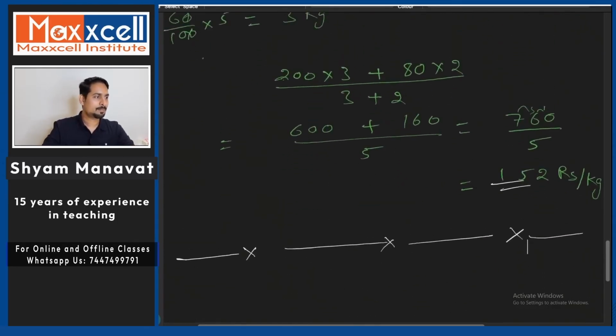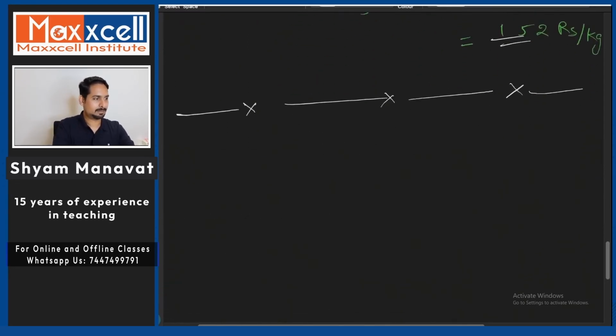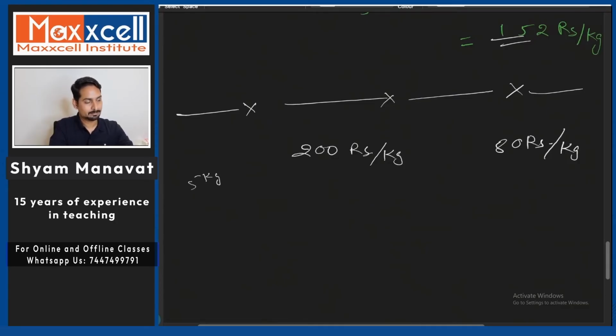So you got 200 rupees per kg, and you got 80 rupees per kg. And if you mix more quantity of this, let's say you buy 5 kg, mixture is of 5 kg.